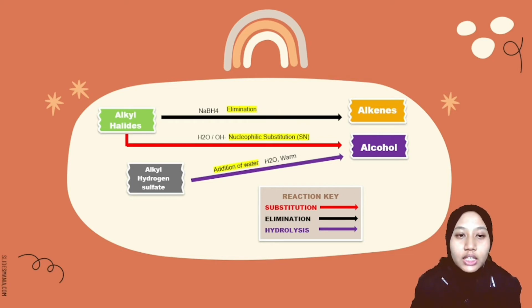For alkyl halide to alkene, we have elimination reaction by adding alkyl halide with sodium borohydride to form alkene. And from alkyl halide to alcohol, we have nucleophilic substitution by adding alkyl halide with water or hydroxide to form alcohol. Then, for alkyl hydrogen sulfate, we can add water in warm condition to form alcohol.